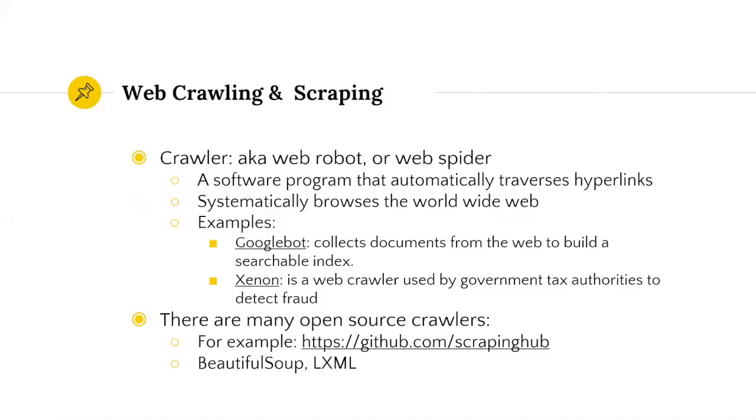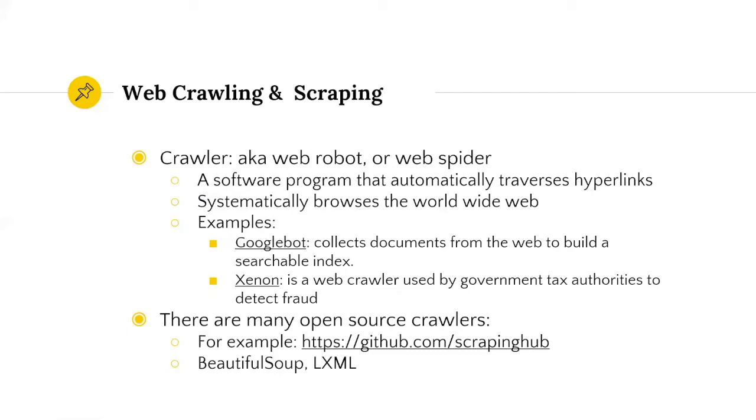Now, here's what we can do with scripting. First of all, before I show you any of those scripts, I want to explain some of the terminologies to make sure that we're using the same vocabulary. The first thing is a crawler. When you say web crawler, it's sometimes called a web robot or web spider. Those are all commonly used terms.